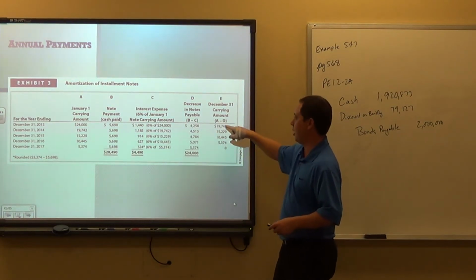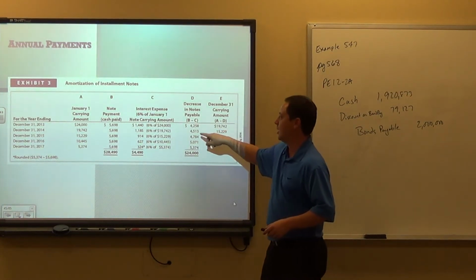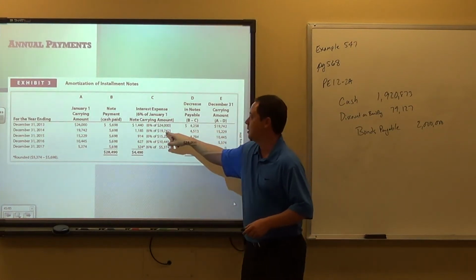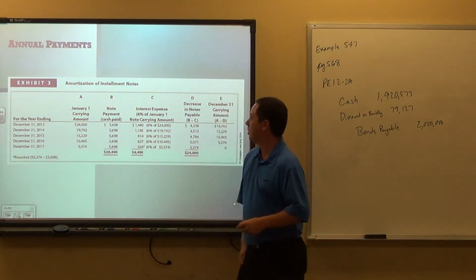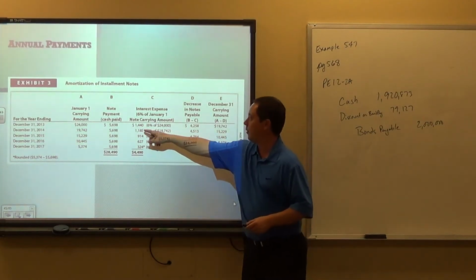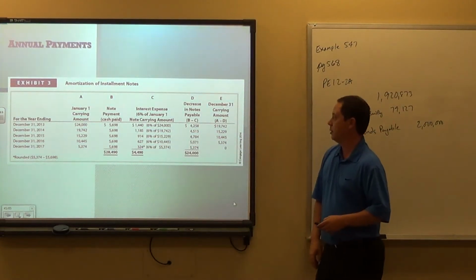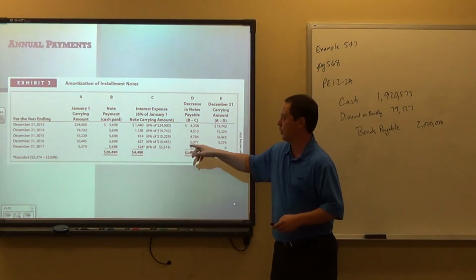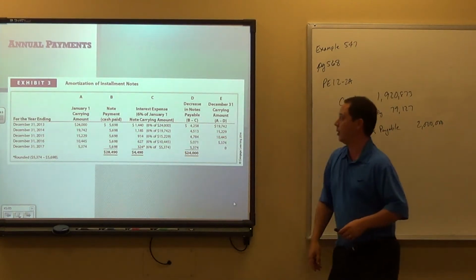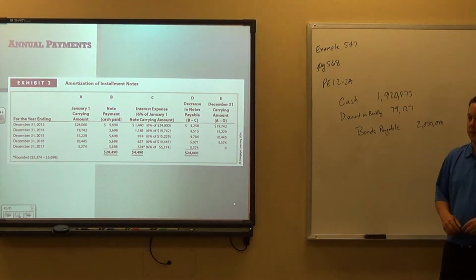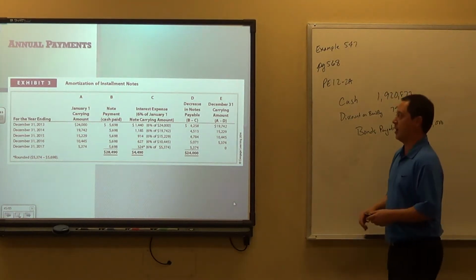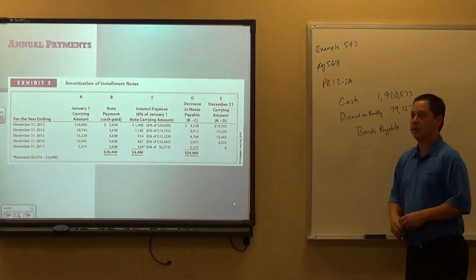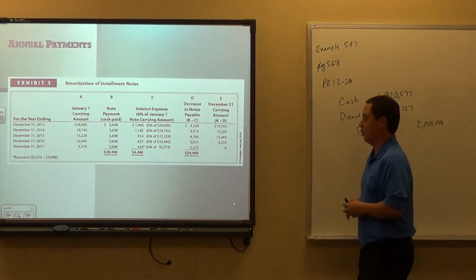We will then take the 6% times that carrying amount to get the interest. And then we'll continue doing that all the way through, because my interest will be going down a little bit as time goes along, since we have less that we owe on that principal.